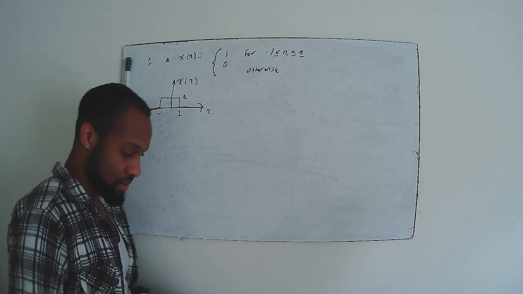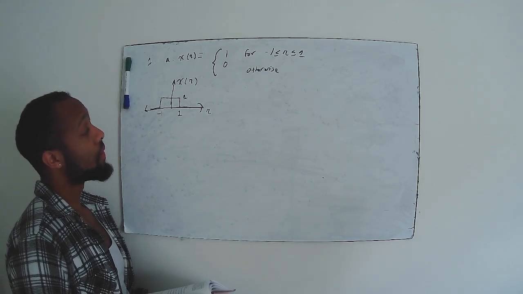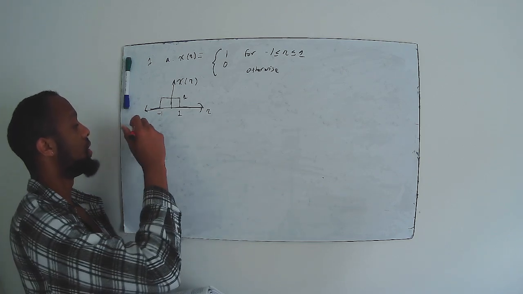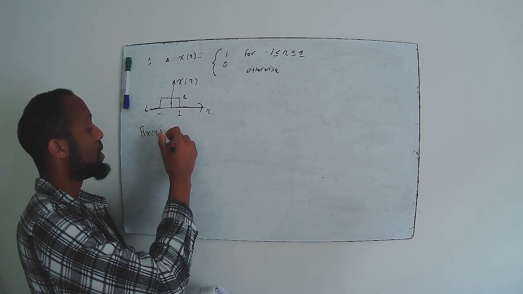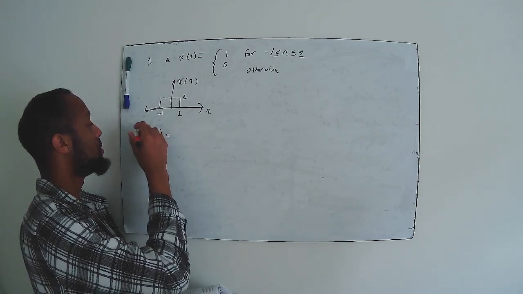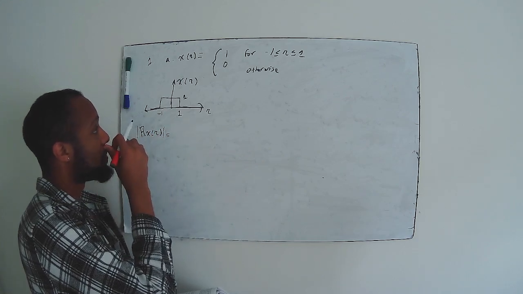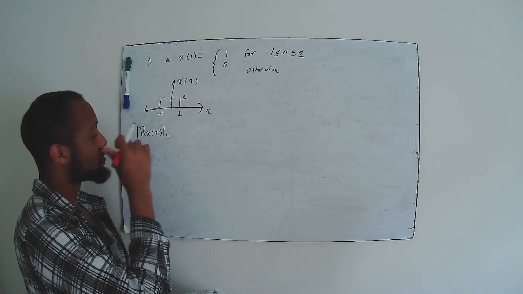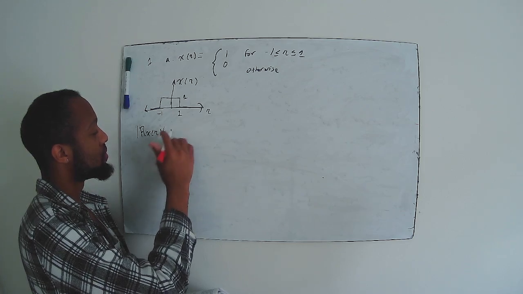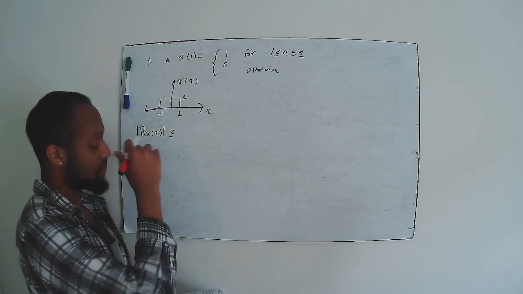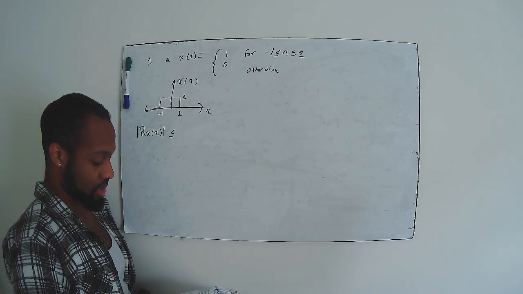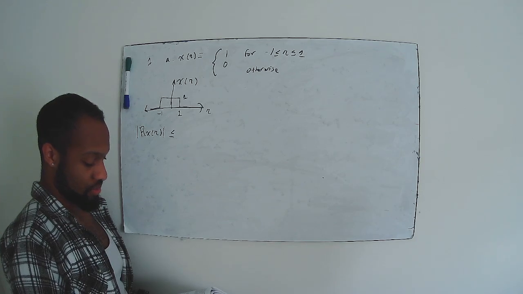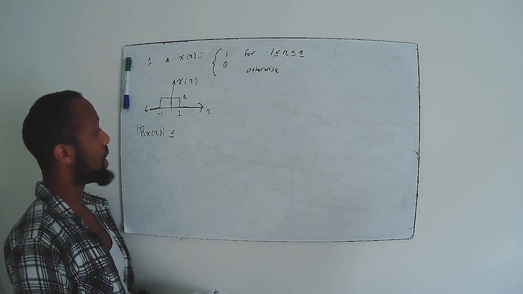All right, so first we're going to show that Rx of tau is indeed equal to, they gave us x of tau.